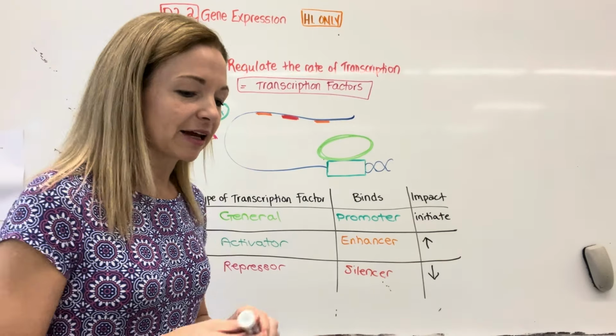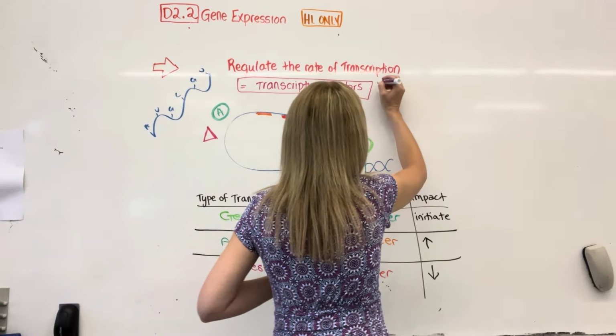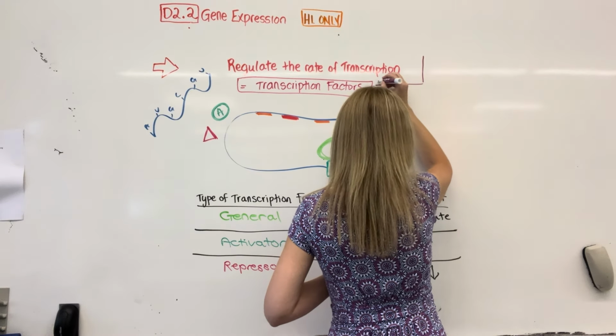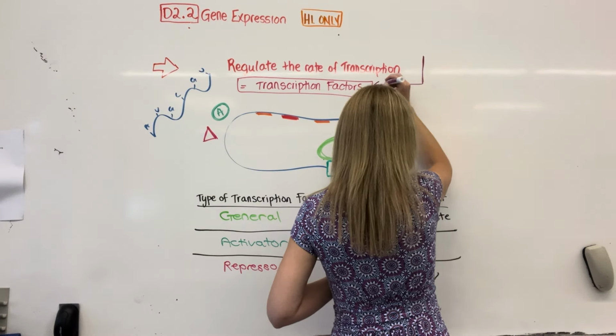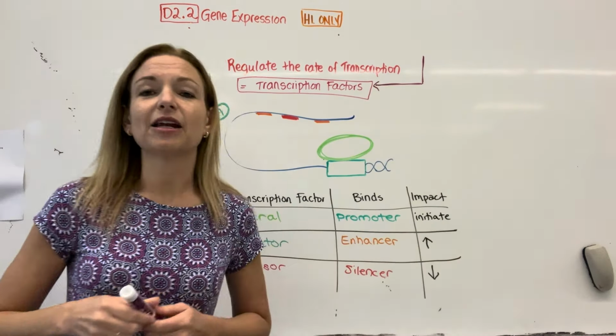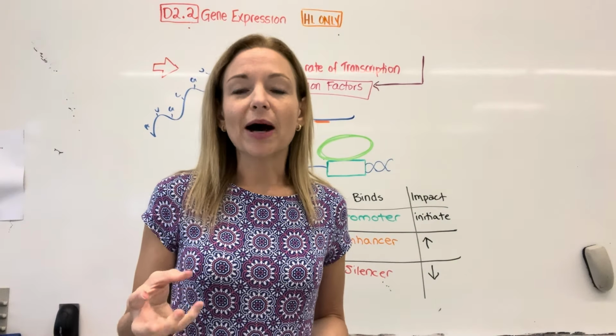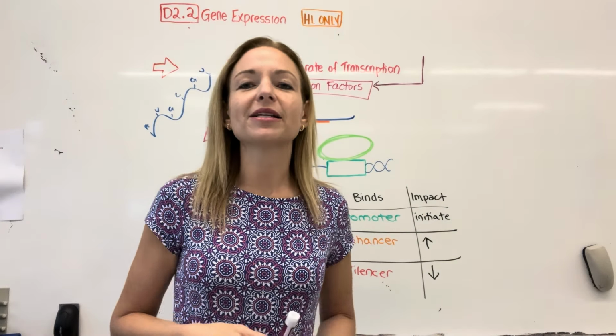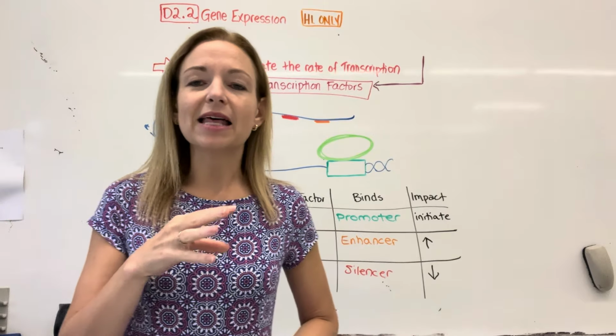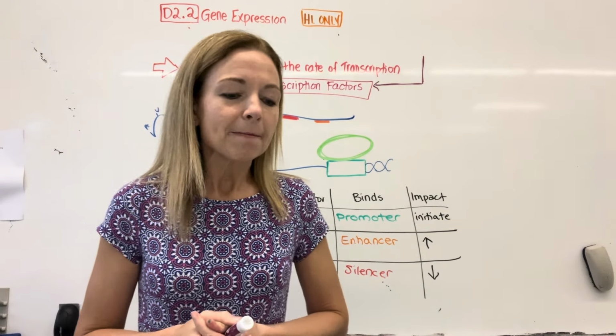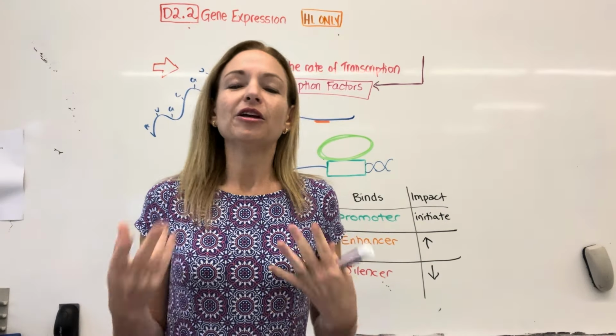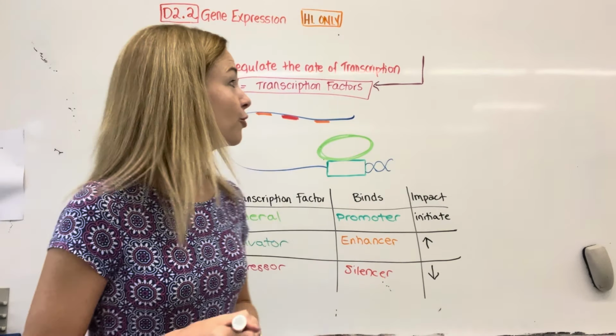The next thing is where do they come from? A lot of times these are things that are released inside the body, so an intracellular process, an internal thing. But they can also be introduced or regulated by external factors.